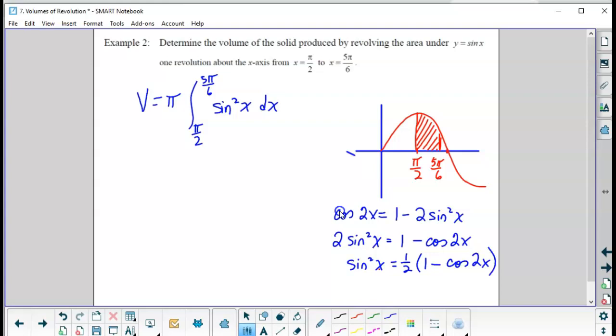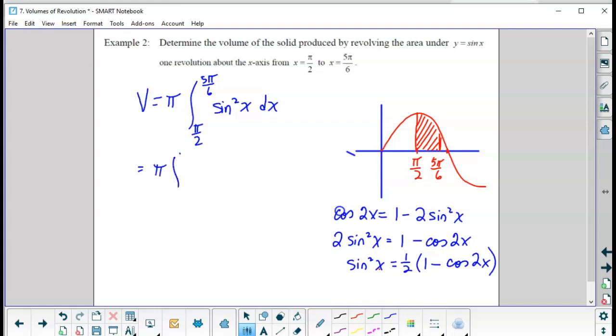Okay, and that's just a common method that we can use, using that cos of 2x identity. So your brain may be a little rusty from the spring, but this will help unrustify it.